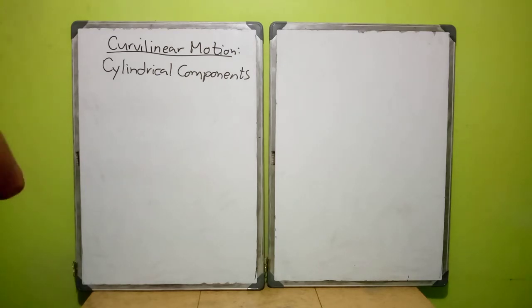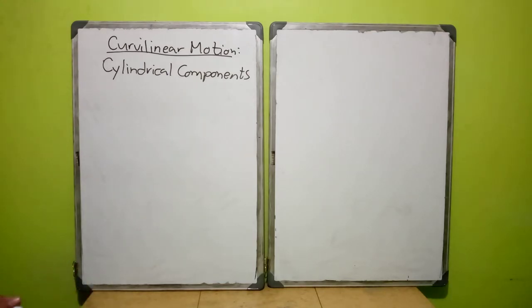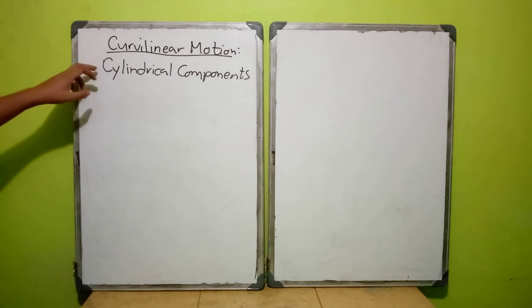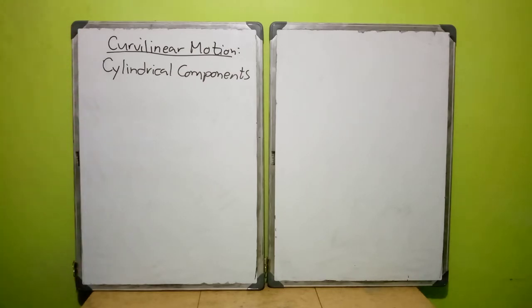When we say rectangular components, we can do it in two-dimensional or three-dimensional form, while the other approach is to solve the curvilinear motion by dividing it into tangential and normal components. Today we will have a different approach: cylindrical components.